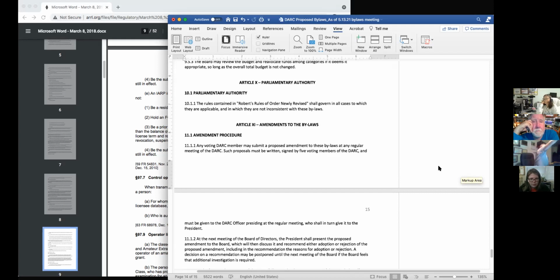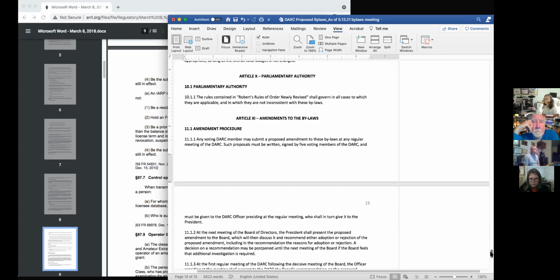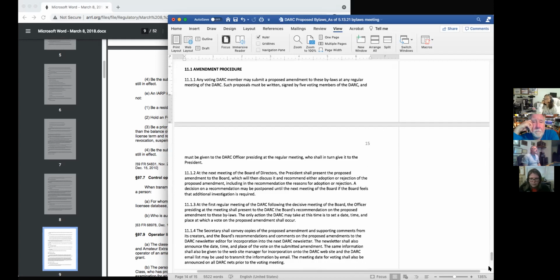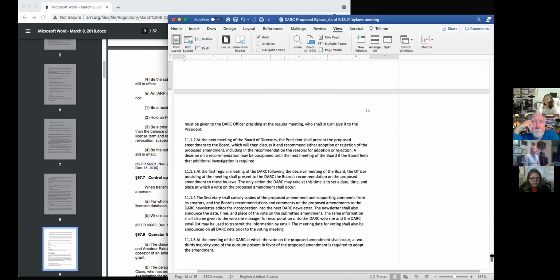Such proposals must be written, signed by 5 voting members of the DARK, and must be given to the DARK officer presiding at the regular meeting, who shall in turn give it to the president. 11.1.2, at the next meeting of the Board of Directors, the president shall present the proposed amendment to the board, which will then discuss it and recommend either adoption or rejection of the proposed amendment, including in the recommendation the reasons for adoption or rejection.